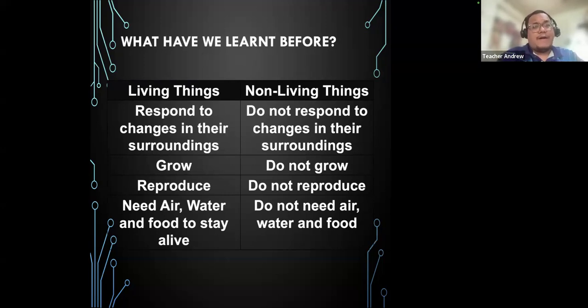However, if you put a firecracker beside a stone, a stone being a non-living thing, it does not respond to changes in its surroundings. No matter how many firecrackers you explode, no matter how many pop sounds are made, the stone will always be there because it is a non-living thing.